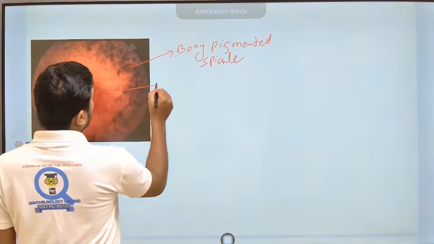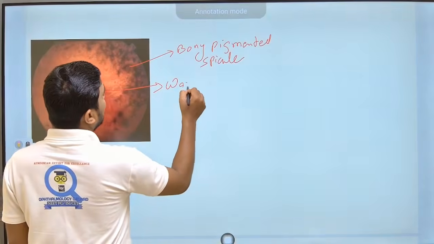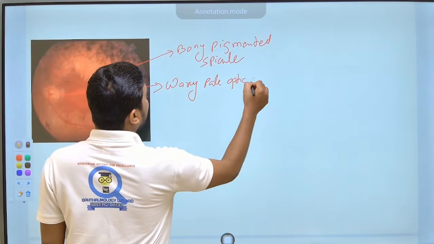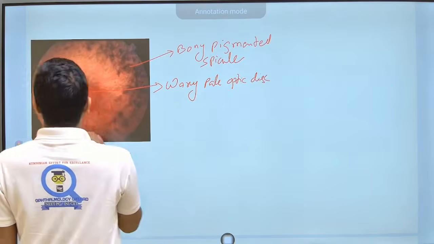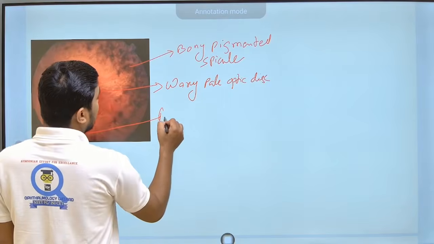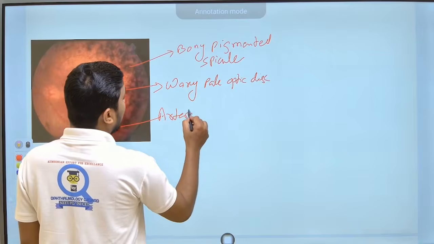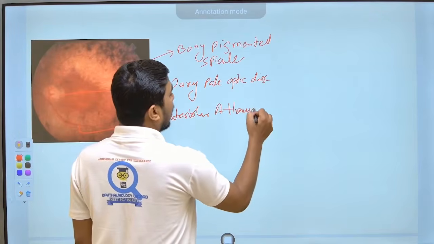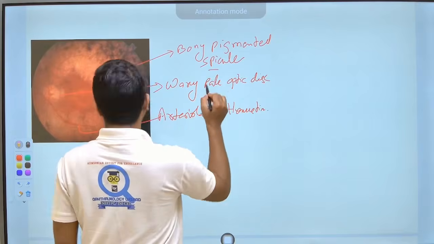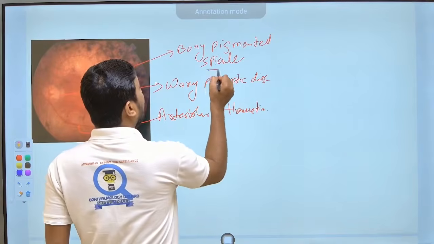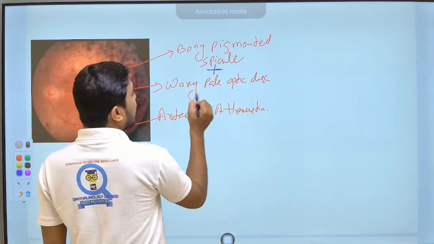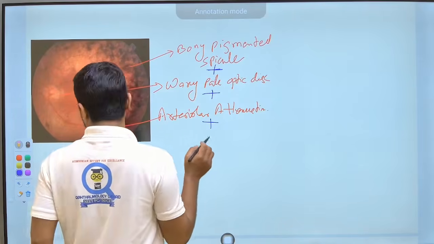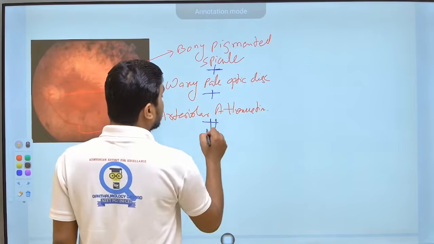What is this? This is a waxy pale optic disc. And what is this? This is arteriolar attenuation. So bony spicules plus pale waxy disc plus arteriolar attenuation lead to what diagnosis?